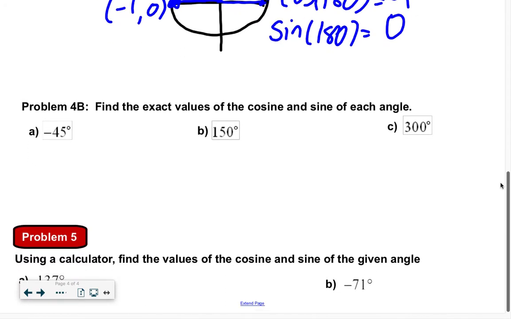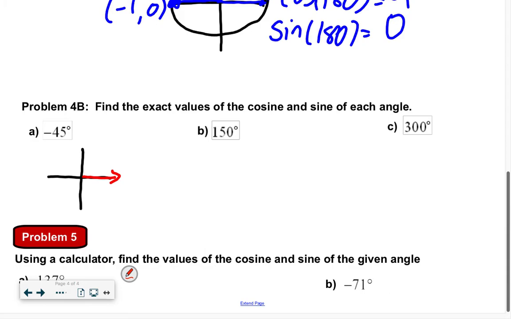Finding exact values of our angles, again no calculator stuff. -45. If I draw my standard XY axis, I have my starting position that never changes. -45 is going down or up?